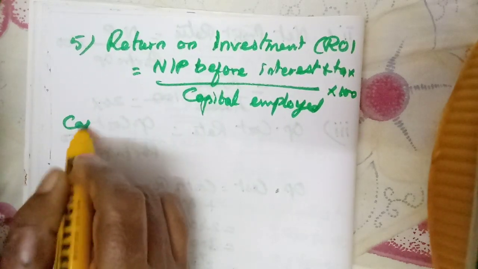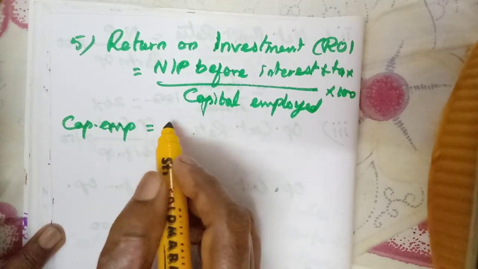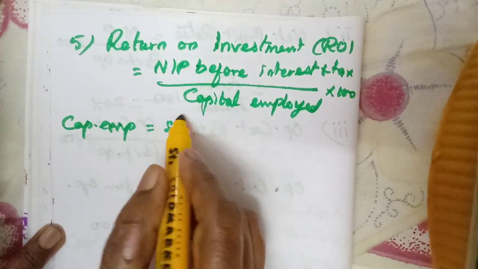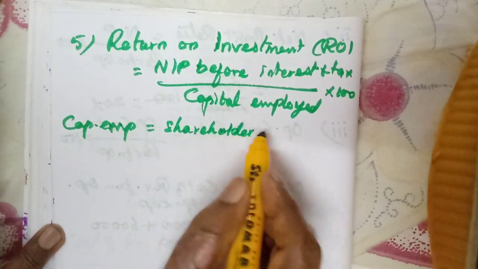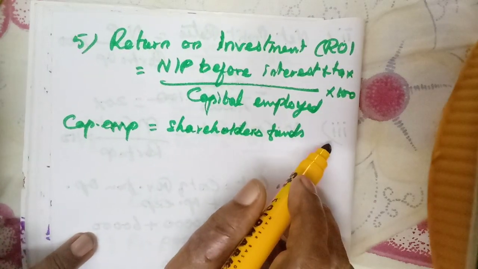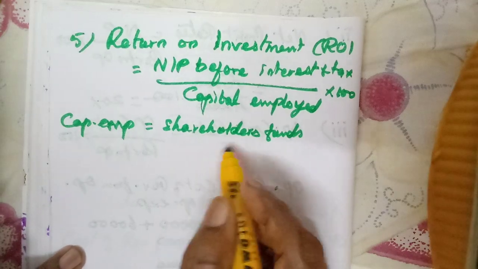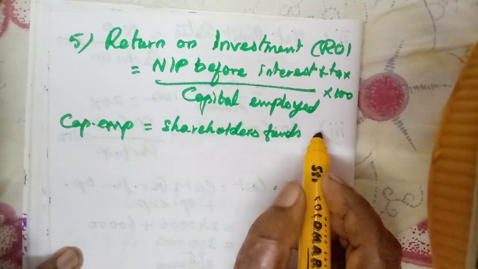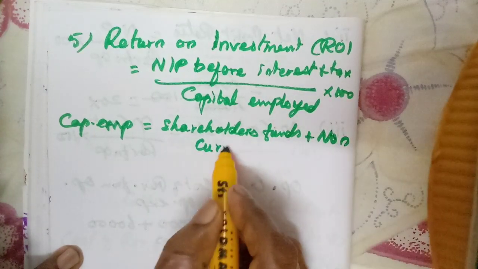Capital employed we have to calculate. It is equal to the shareholders funds, we have studied, isn't it? Shareholders funds are the equity share capital, preference share capital, and reserves and surplus, plus non-current liabilities.